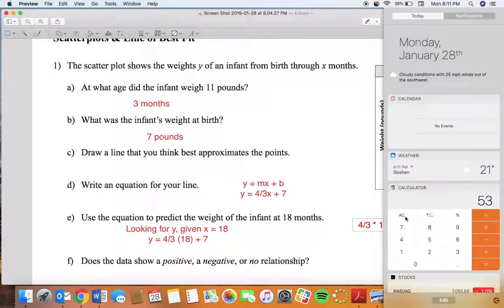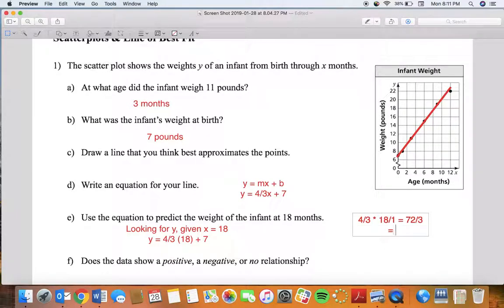Remember that a fraction means divide. So let's check 72 divided by 3. Yep, 24. So that did simplify nicely. So now, if I go back to this equation over here, 4/3 times 18 was 24. I still have the plus 7. I have not added 7 yet. 24 plus 7 is 31. 31 sounds right. And I was predicting the weight, so it would be 31 pounds.